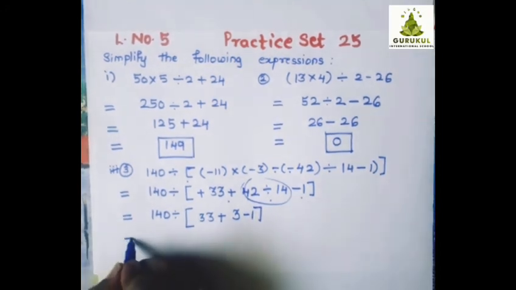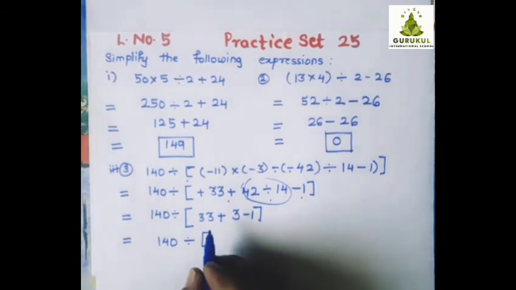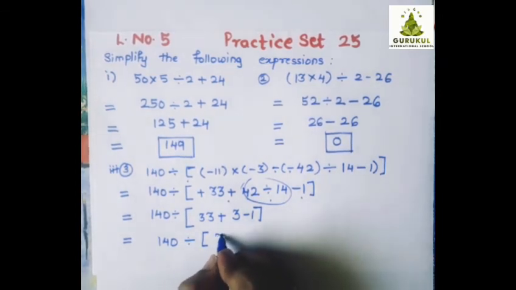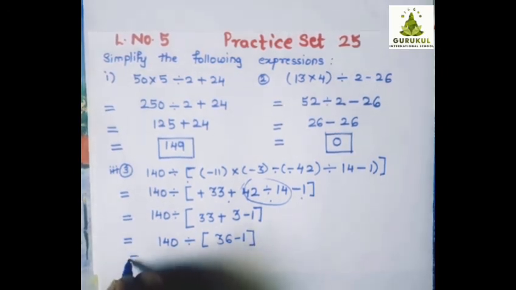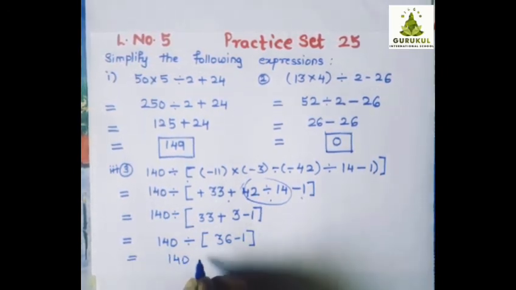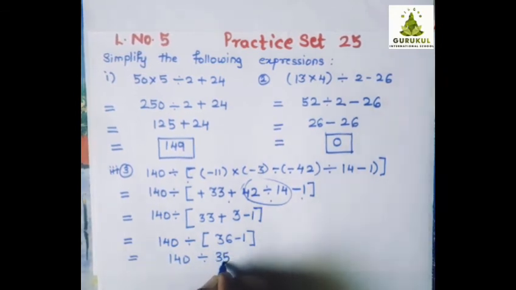So 140 divided by bracket 33 plus 3 will be 36 minus 1. So 140 divided by 36 minus 1 will be 35.